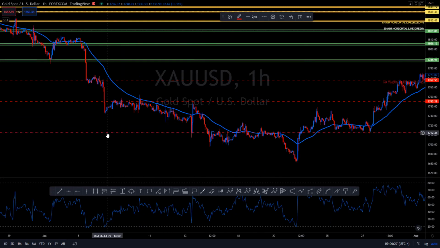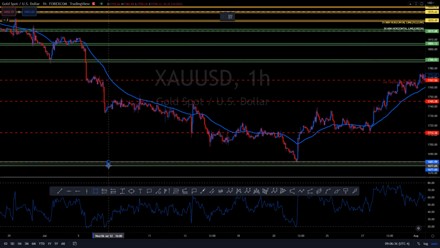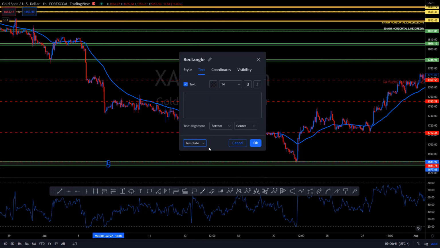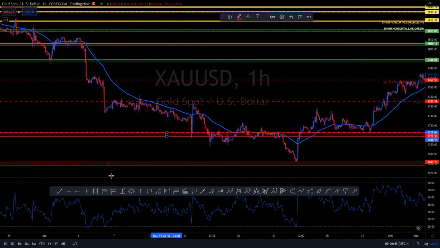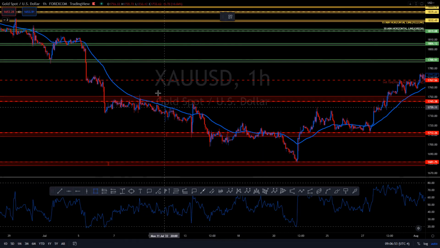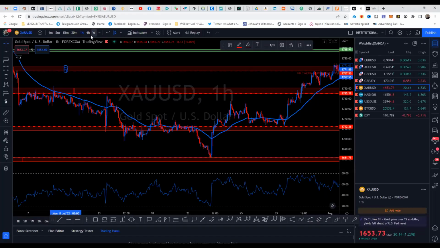And that's when we started getting demand in this area, in these areas down here. Right, so now I'm going to go into the 4 hour.